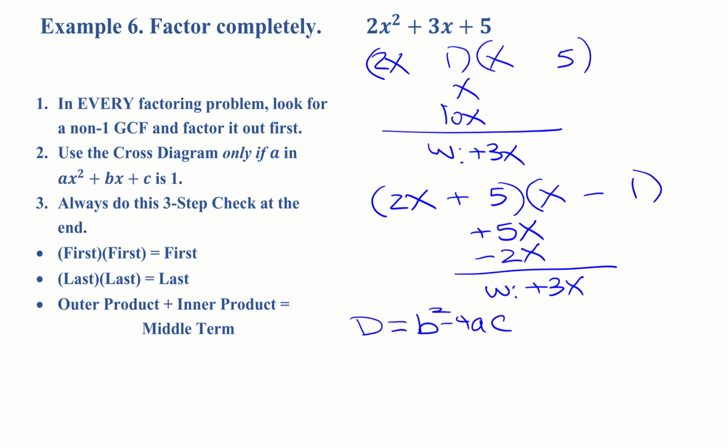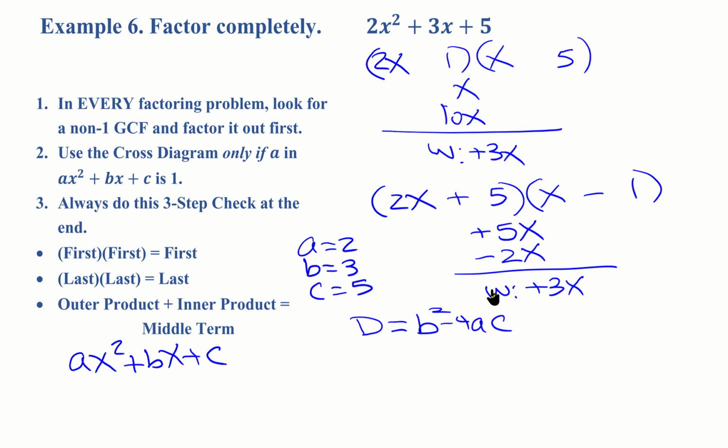Of course, we're talking about the form ax squared plus bx plus c. So notice a is 2, b is 3, and c is 5.